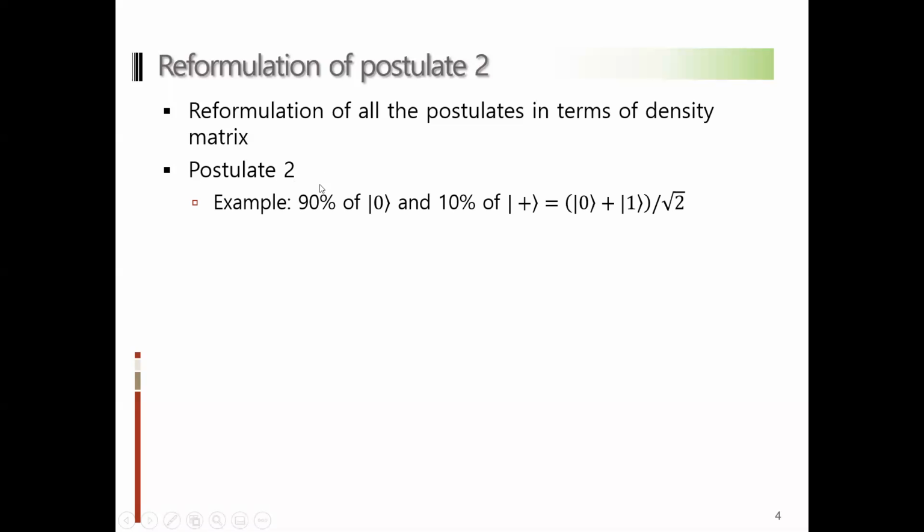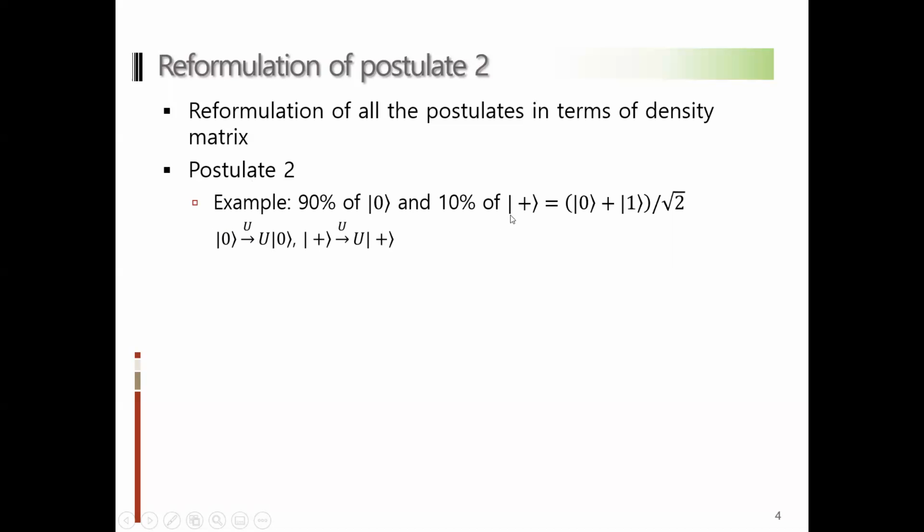However, it actually tells us how each case, the 0 case and the plus case, will evolve. And in the second postulate, it says that the evolution of each of these pure states will follow a unitary operation, and it corresponds to just multiplying the unitary operator on this pure state, or this ket vector.